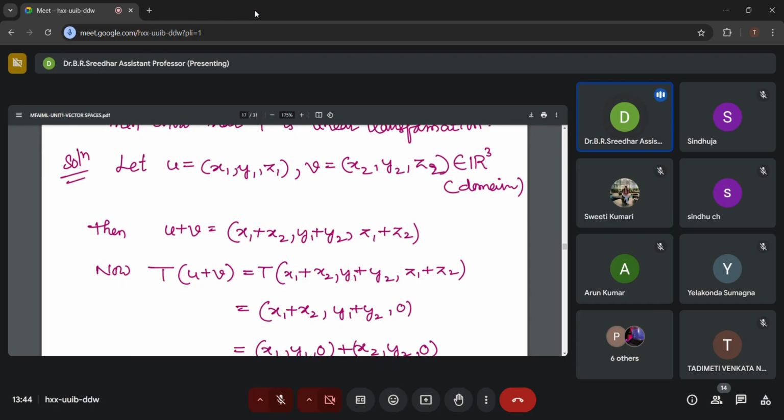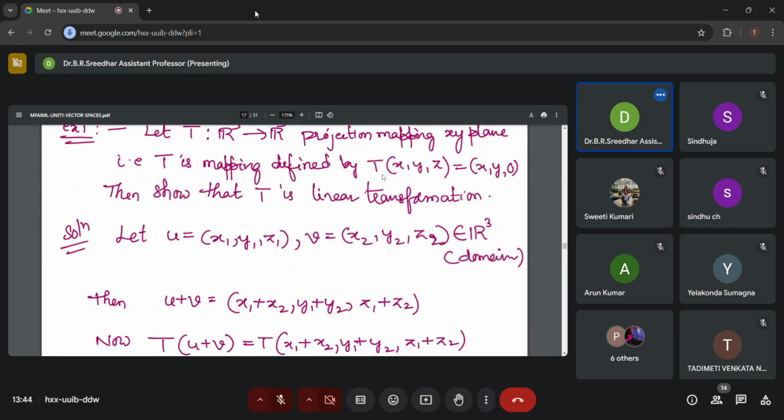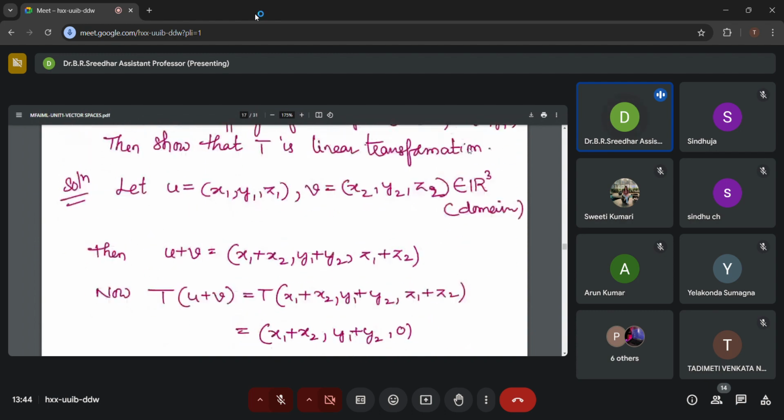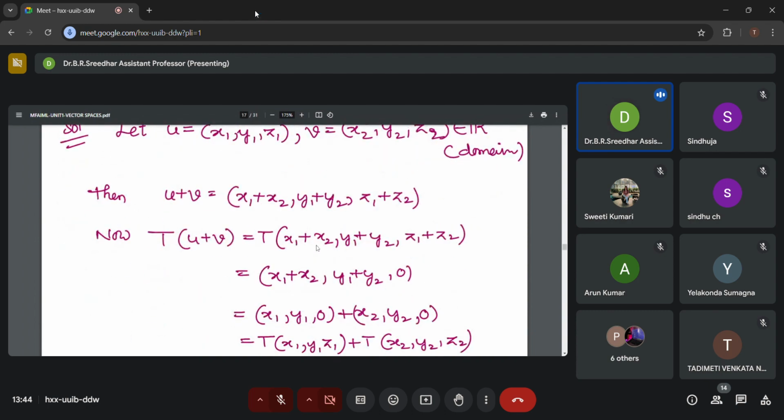You know that the transformation T of x, y, z in the codomain vector space is x, y, 0 according to the problem. Try to catch this. In place of x, y, z, what do you have? x1 plus x2, y1 plus y2, z1 plus z2.